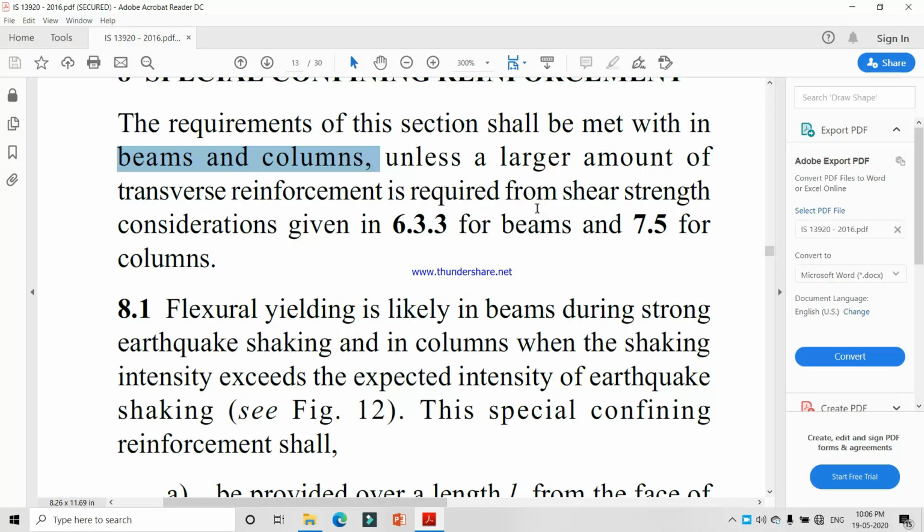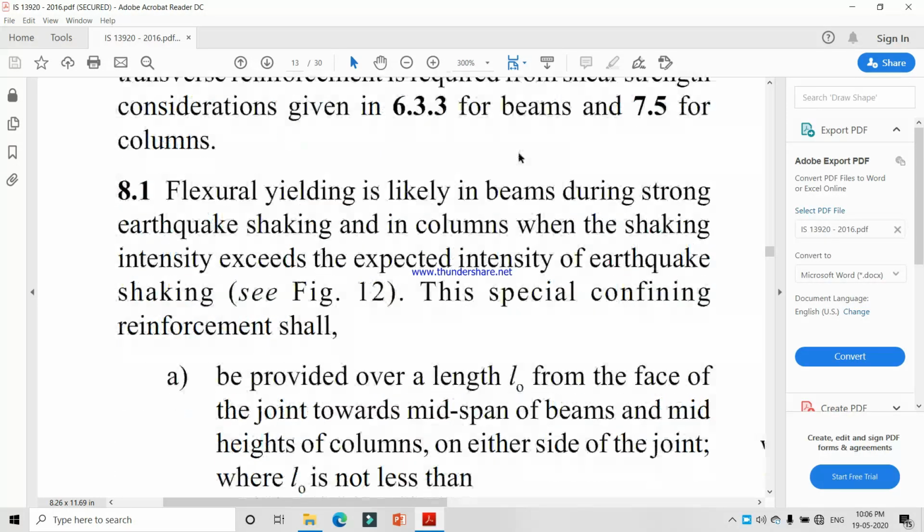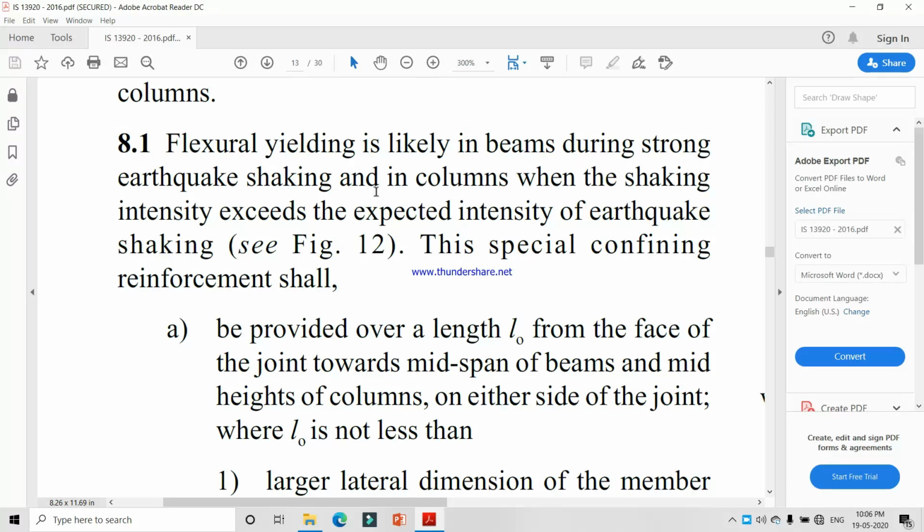So to avoid the larger reinforcement required, we provide the beam column junction with special confining reinforcement. This is done for flexural yielding in the beam during strong earthquake shaking, and in the column when the shaking intensity exceeds the design intensity earthquake.